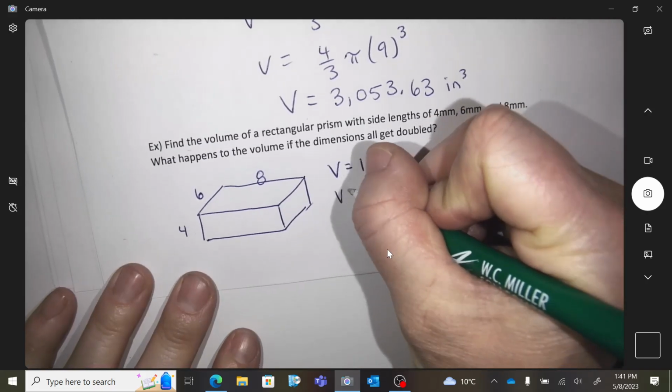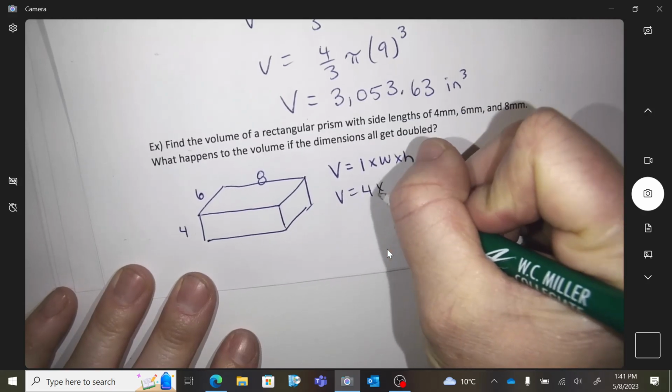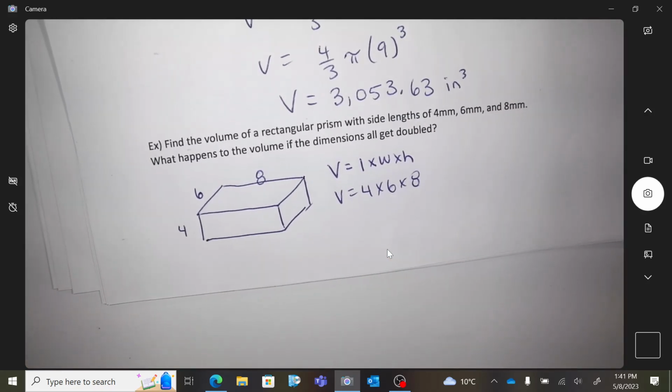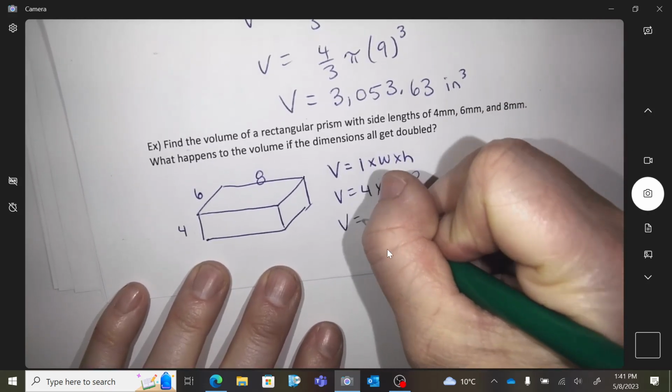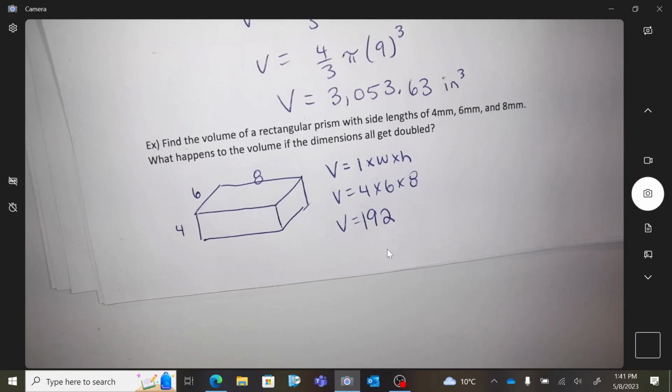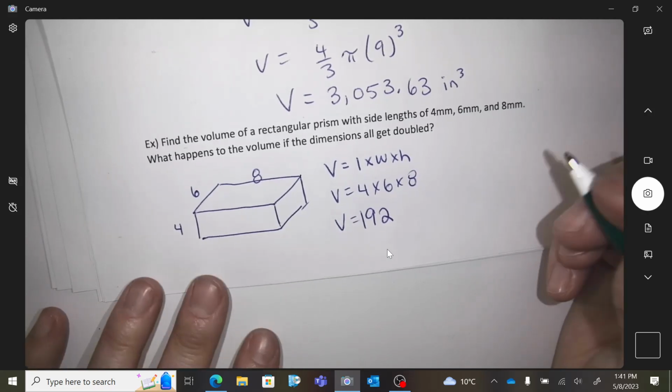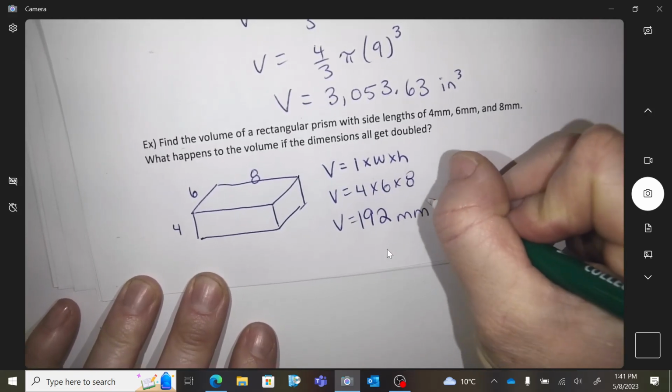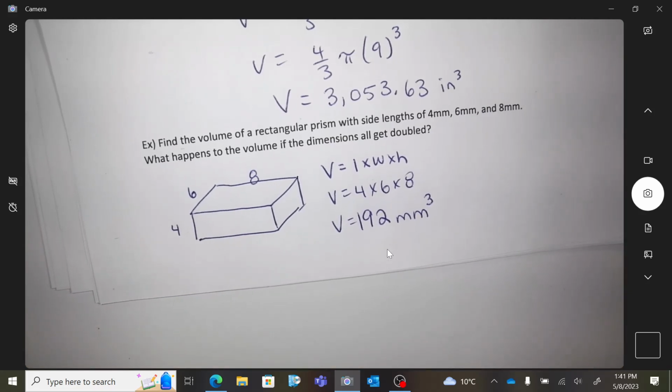You just need to write 4 times 6 times 8 or 8 times 6 times 4. You and your neighbor could have them written differently. Doesn't matter. Times them all. So 192. This time we're in millimeters. And again, we said we're doing volumes cubed.